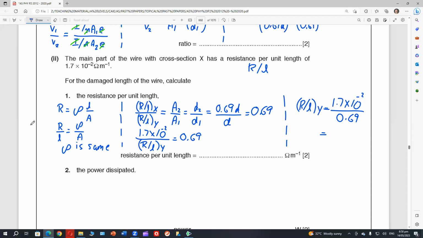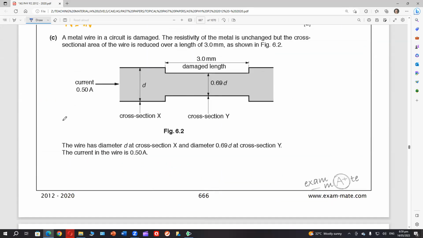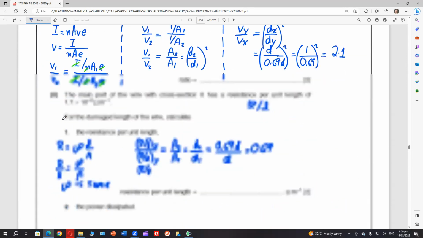I just want to double check that it's A2 upon Y upon X. So it's 0.69D.